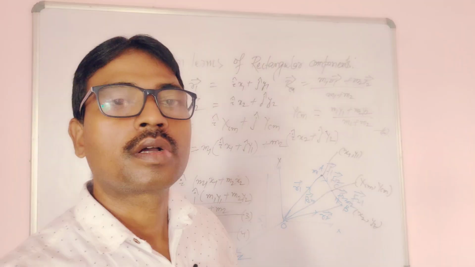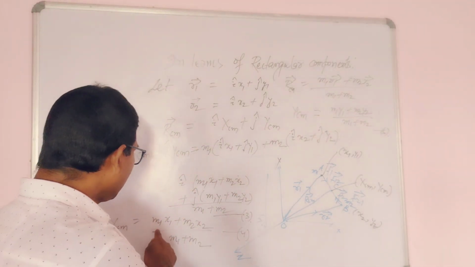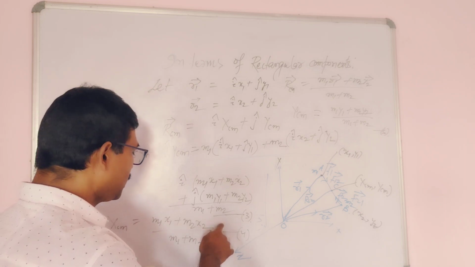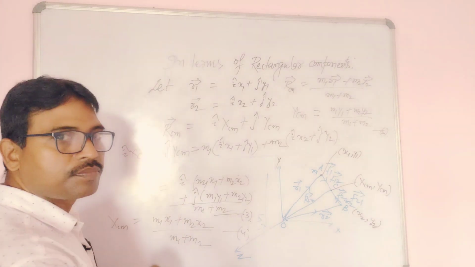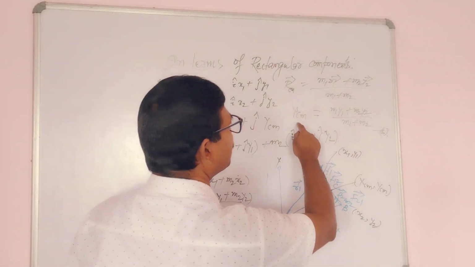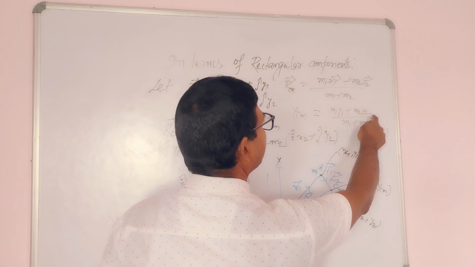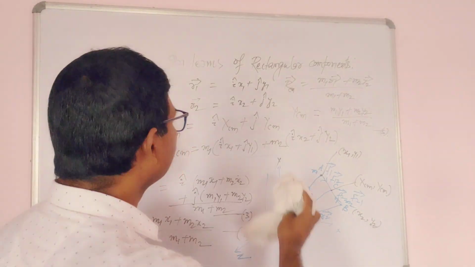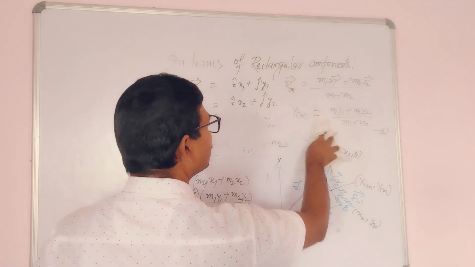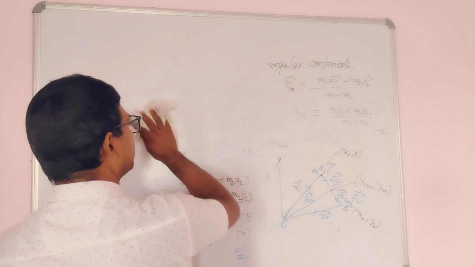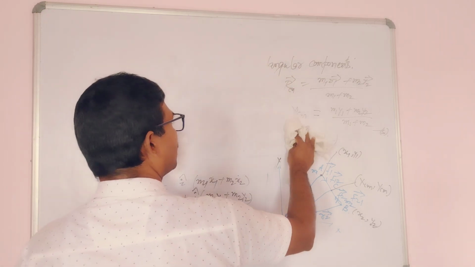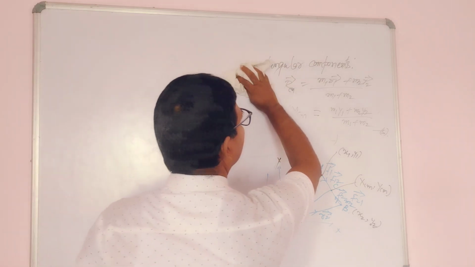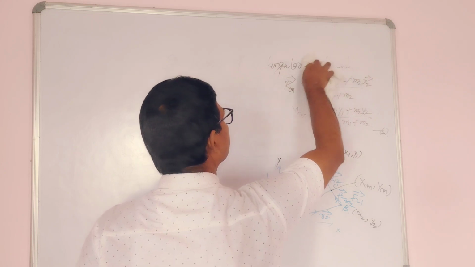In this way, suppose a system consists of three particles. So xcm is equal to (m1 x1 plus m2 x2 plus m3 x3) divided by (m1 plus m2 plus m3). Then ycm is equal to (m1 y1 plus m2 y2 plus m3 y3) divided by (m1 plus m2 plus m3). You just add another particle, whose mass is m3.